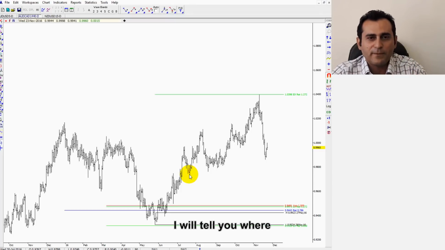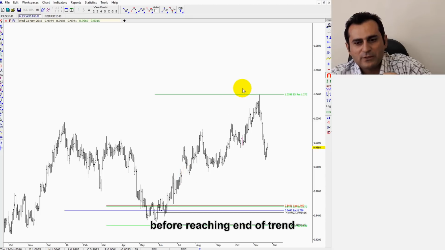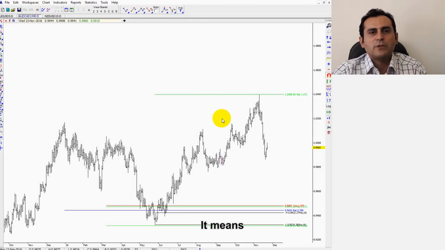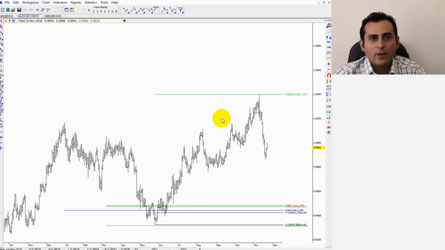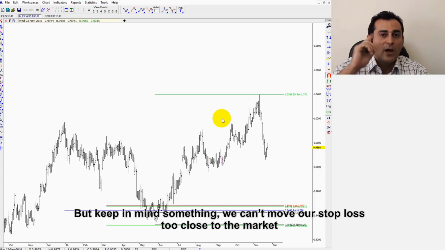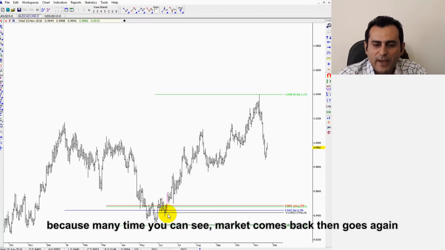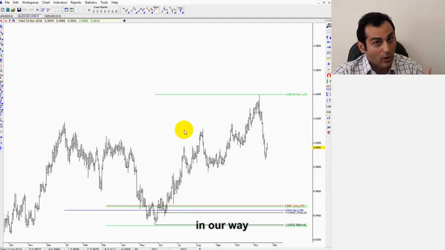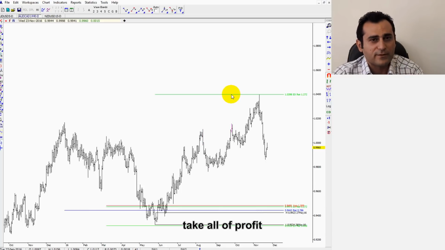I'll give you a point where, if price hits it before reaching the end of the trend, it means price wants to come back. But keep in mind something. We can't move our stop loss too close to the market, because many times you can see the market comes back and goes again in our way, comes back, goes in our way, and we would lose all of this profit.